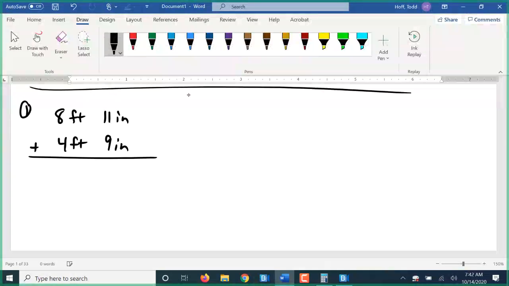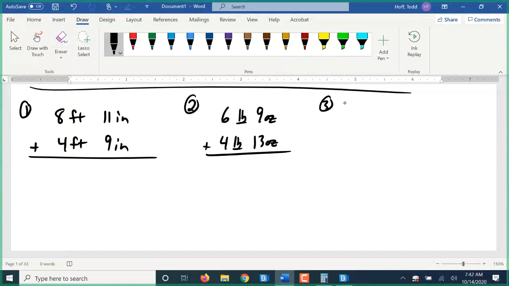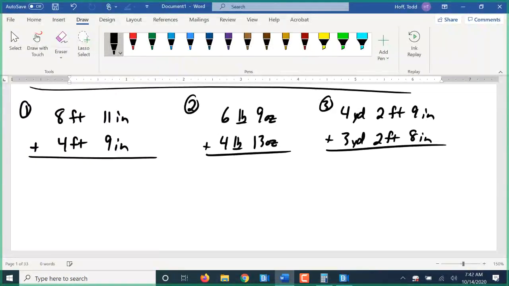I'm going to list a few of them across the page here. We'll have you do those three, and we'll go over them here in just a minute.